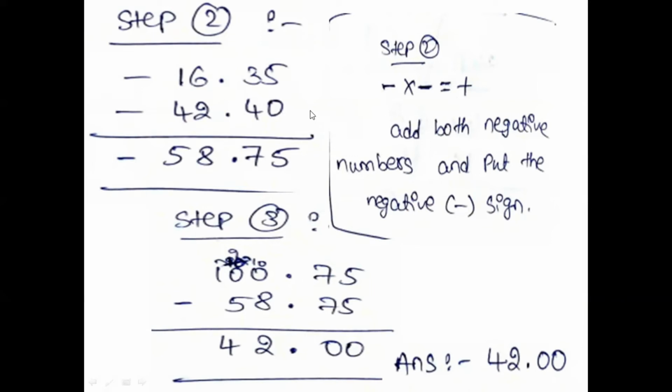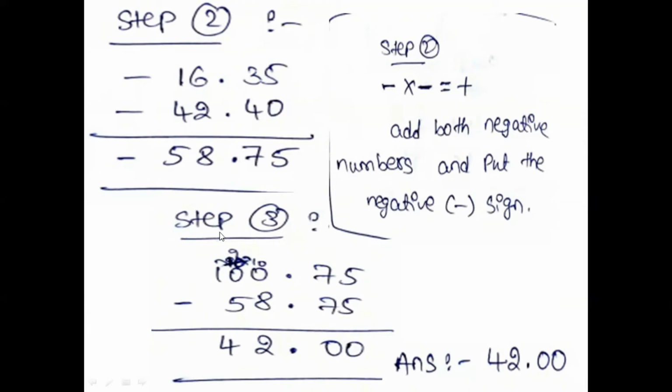Then we should keep negative sign. 5 plus 0, 5. 3 plus 4, 7. 6 plus 2, 8. 1 plus 4, 5. Decimal point as it is. Now put the minus sign.